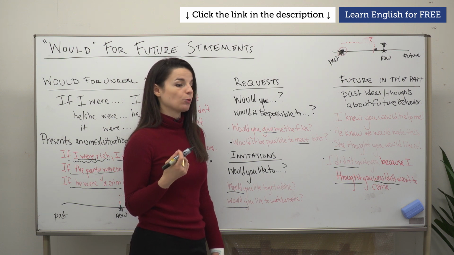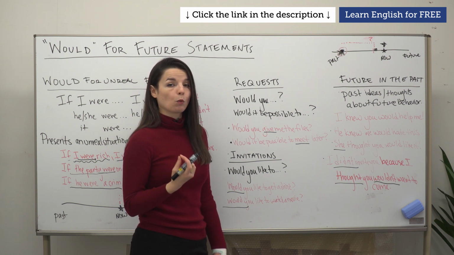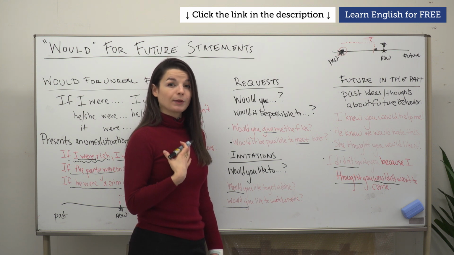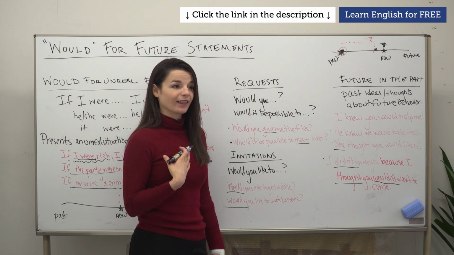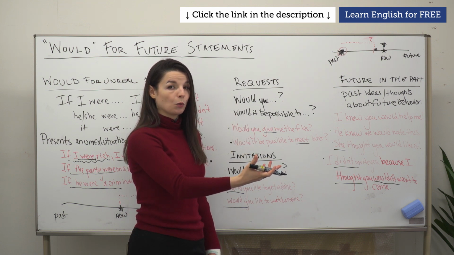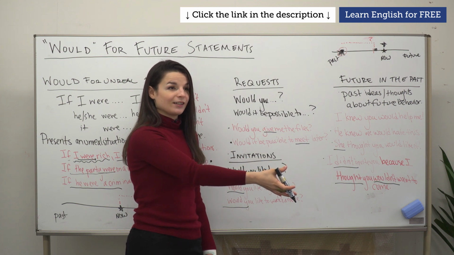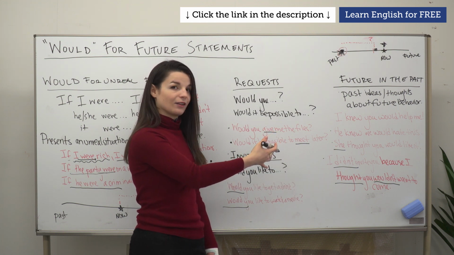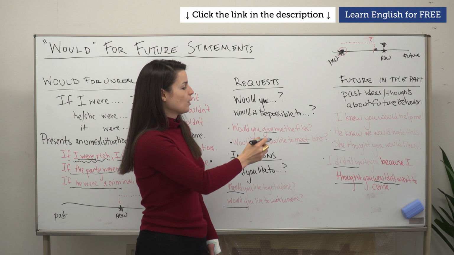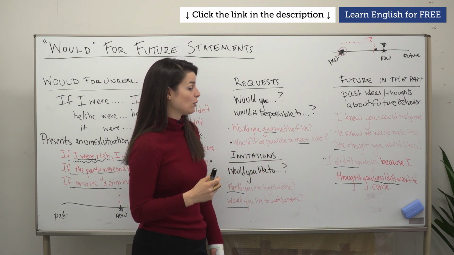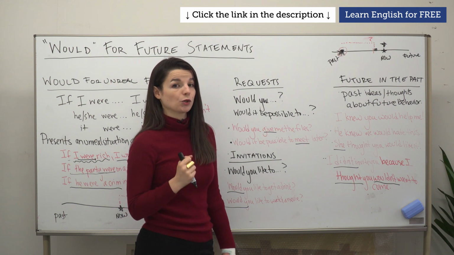So meaning at the point in time when I was planning the event, I thought the listener would not want to attend the event in the future. So I didn't invite the listener here. So in this way, we're seeing actually two things happening in the past.